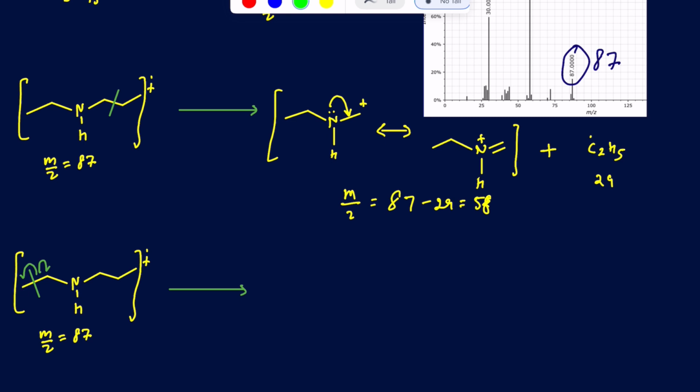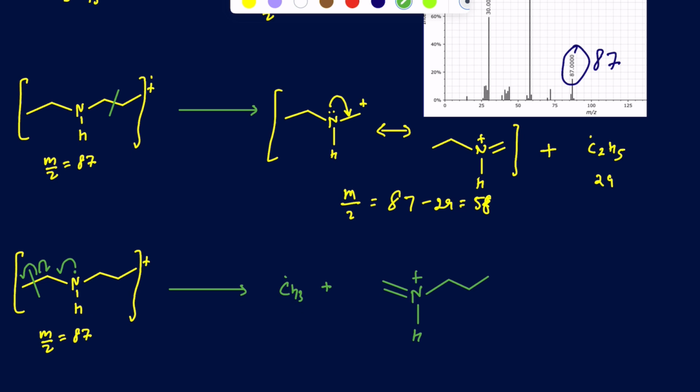This carbon here would have a radical, so I'm making a CH3 radical. I'm going to draw the most stable structure here. If I leave the electron here, then this one can come down here, and that makes this nitrogen have a positive charge.